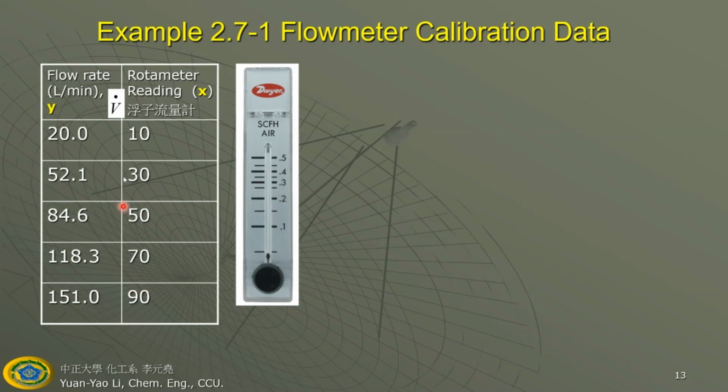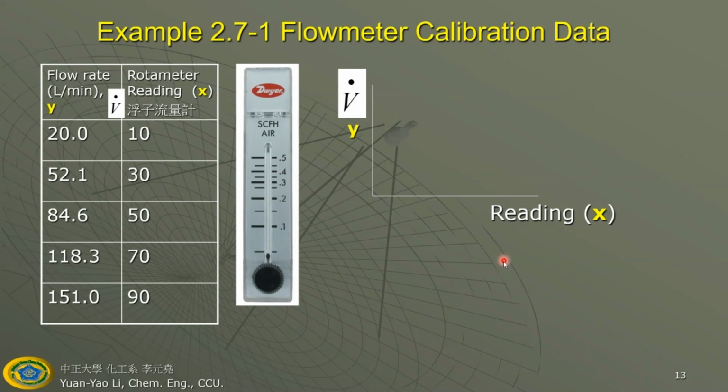You know that when the reading is 10, it goes to 20. When the reading is 30, it goes to 52. When the reading is 50, it goes to 84.6. As a result, you can plot the reading against Y. Y is what? V dot. V dot means volumetric flow rate.